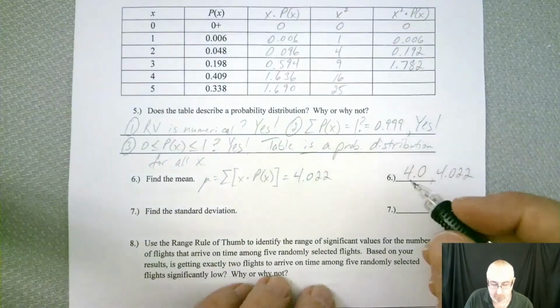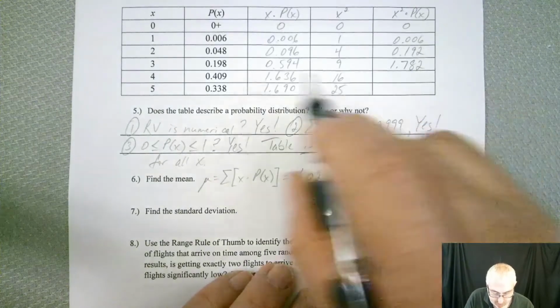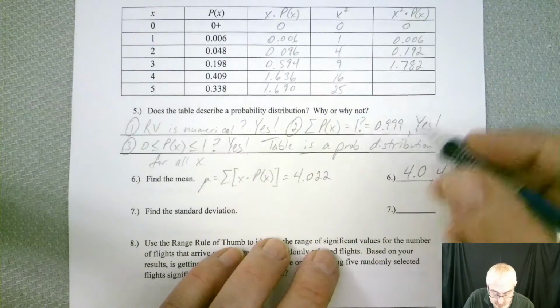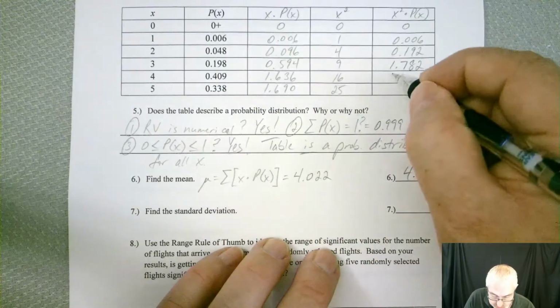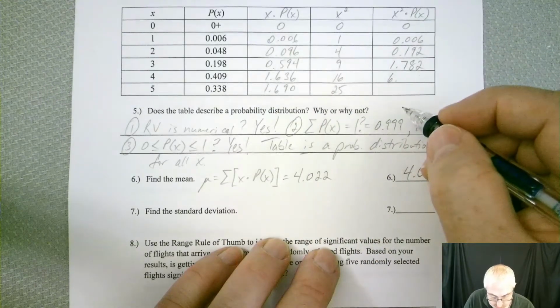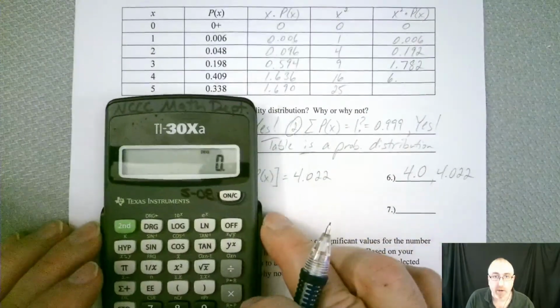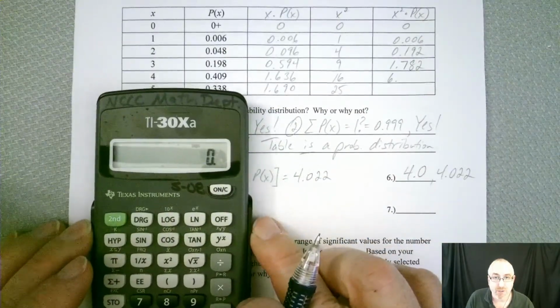Now, I'll go through and double check these in just a sec, but let's just keep going. So we got 16 times that. Let's see, 6 point what? Well, I'm going to be lazy and use a calculator. My brain hurts. I'm sure yours does too.